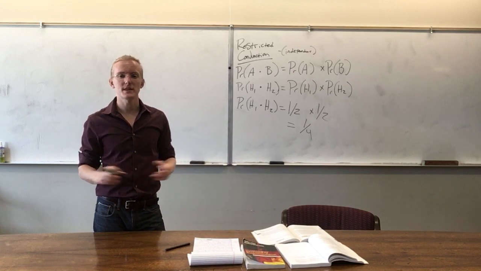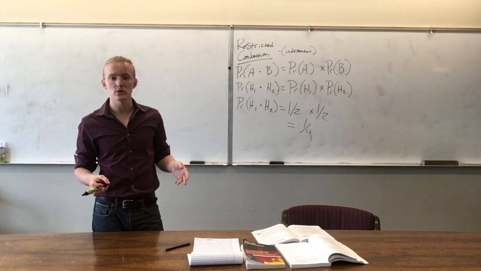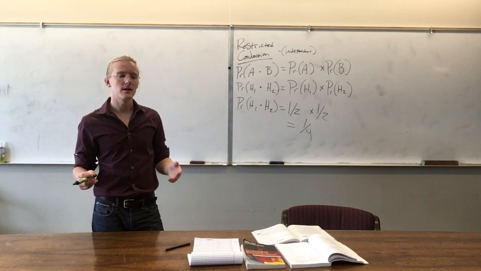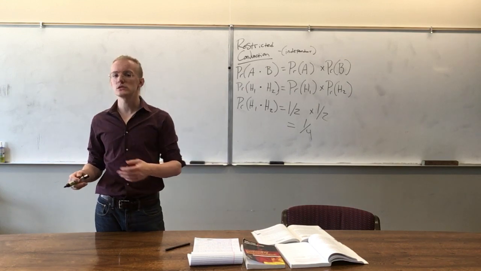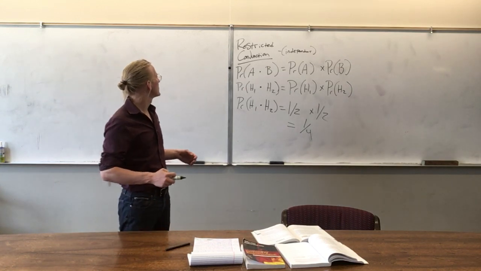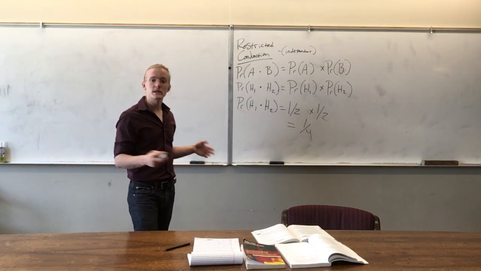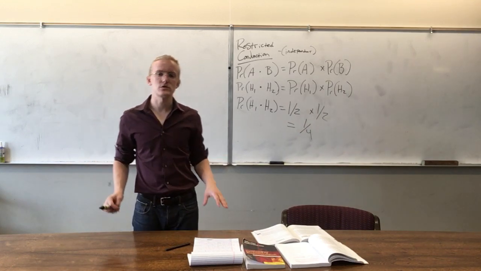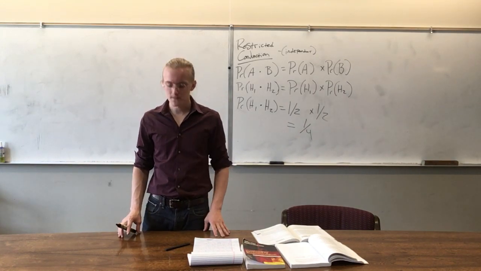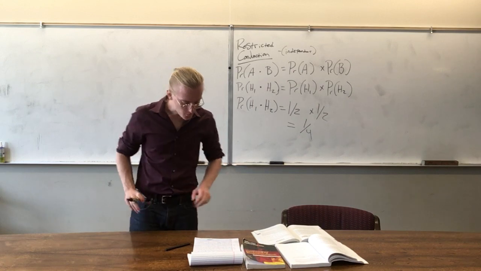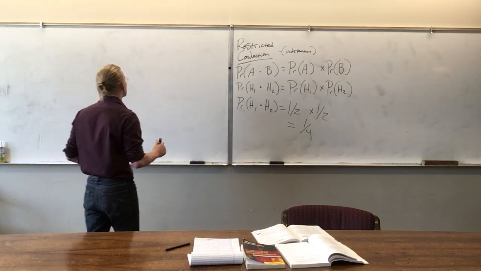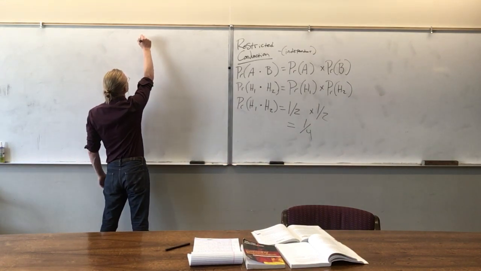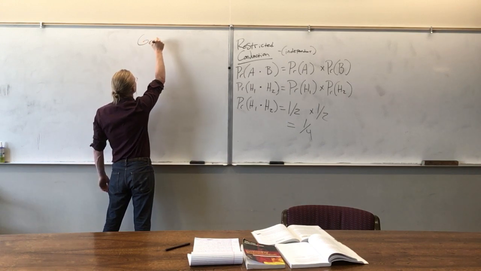So basically you can use the general conjunction rule in every case. If you wanted to be safe, you just always use the general conjunction rule as opposed to the restricted conjunction rule, but it's slightly more complex. It requires one extra mental calculation. So let's write down that equation.